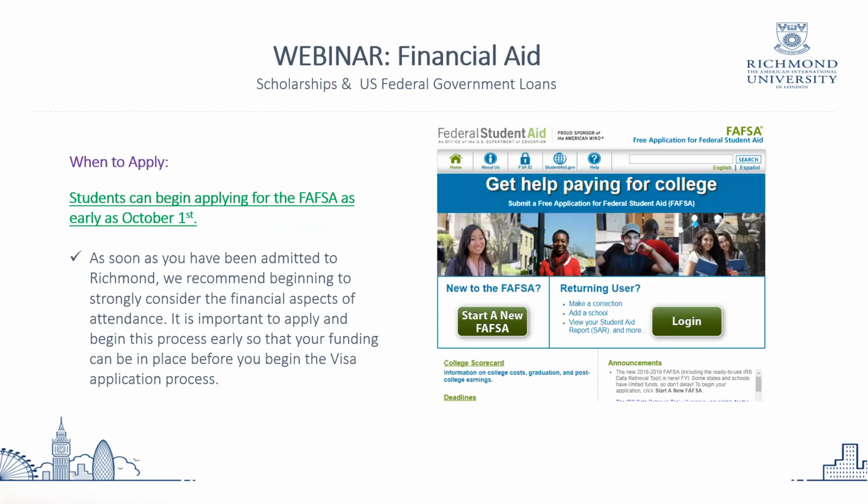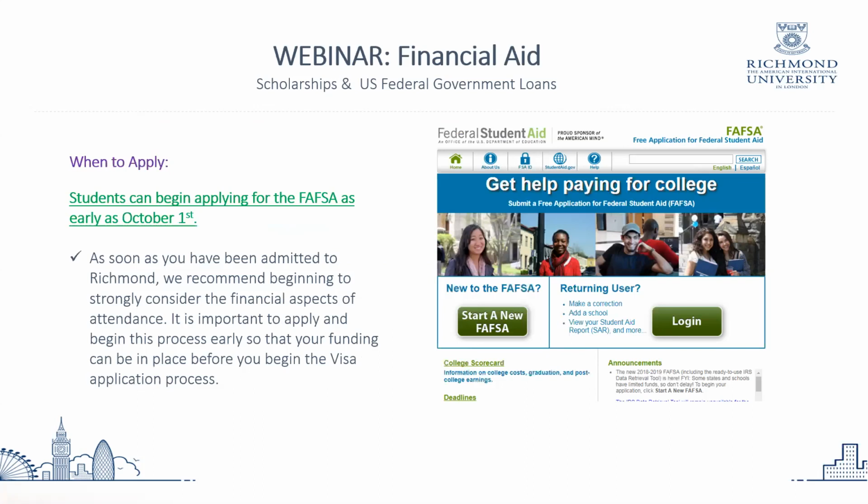Practically speaking, it means that if you're receiving federal loans through FAFSA, you have to maintain a minimum GPA of 2.0, which basically means that you have to be passing your classes at a minimum level. We monitor this very closely because it's a very strict federal regulation.